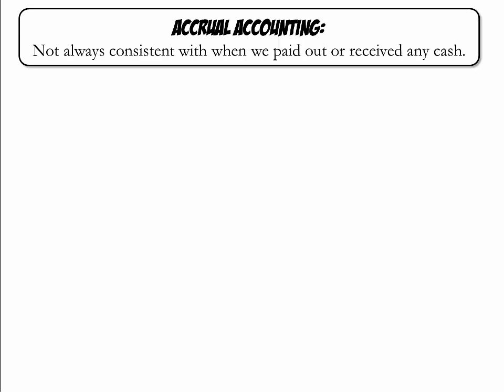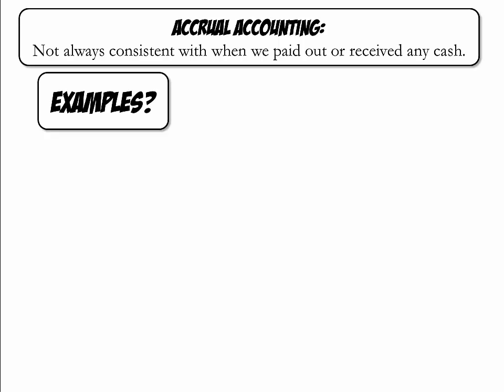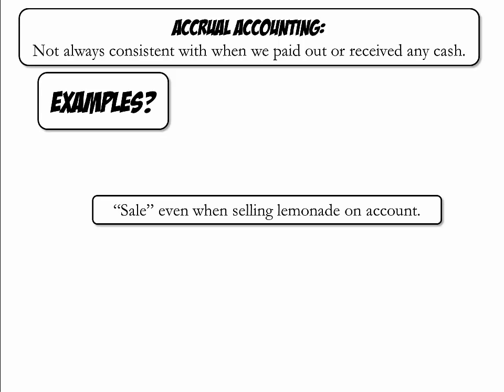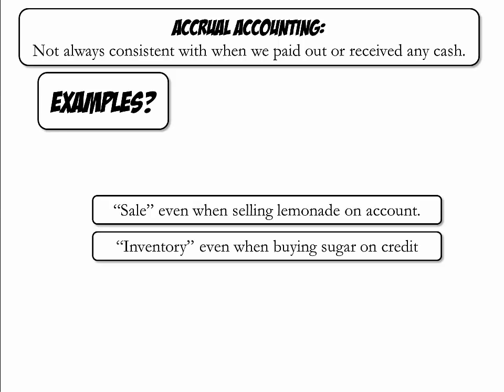It is important to understand that the accrual method is not always consistent with when one pays a bill or receives cash. Can you think of any examples that illustrate this? We considered it a sale when your customers purchased a glass of lemonade on account. We counted goods under inventory even when you purchased those goods on credit.